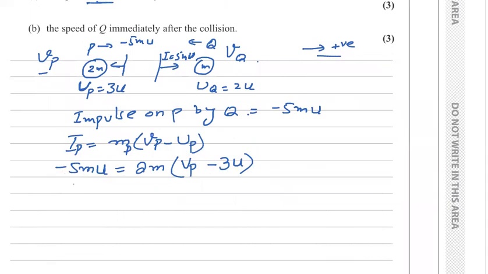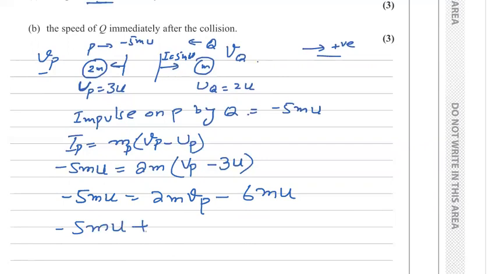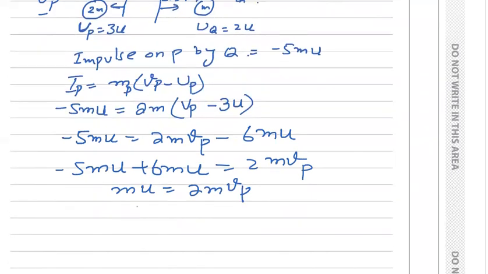Let's simplify it now to get the value of Vp. That is going to be minus 5mu equal to 2m Vp minus 6mu. So minus 5mu plus 6mu will be mu, equal to 2m Vp, the velocity of P after striking.